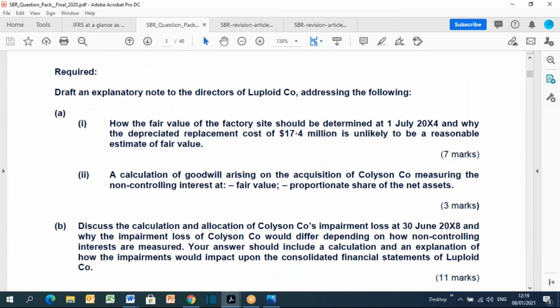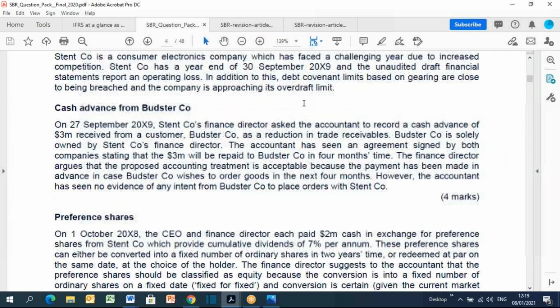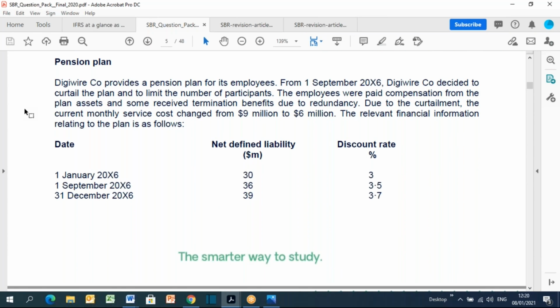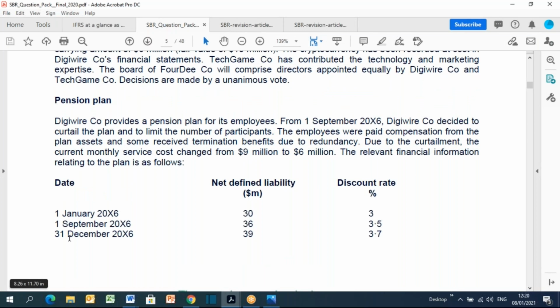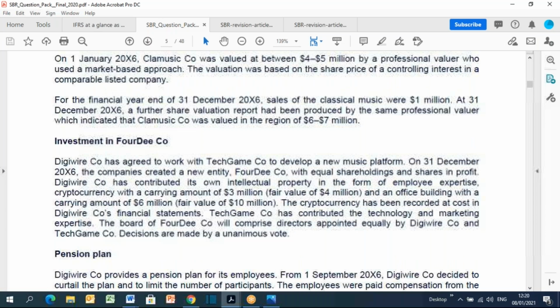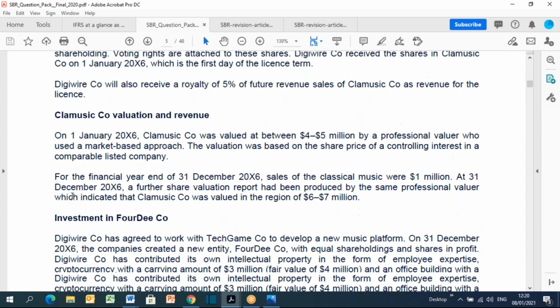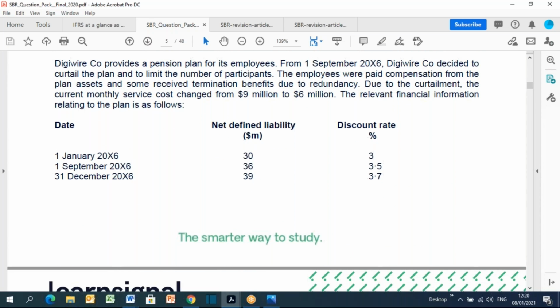So for example, I was looking a lot on the internet just to find an example on pension plans, because again, these are asked quite frequently. And like I said, this question in particular is very good, because it has a good example on the actuarial gains or losses.